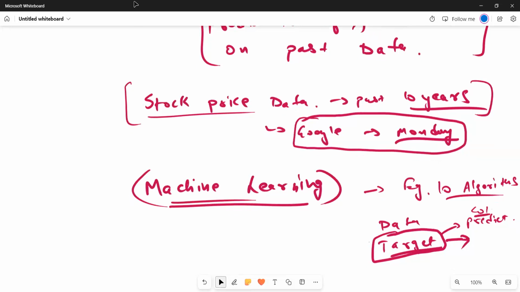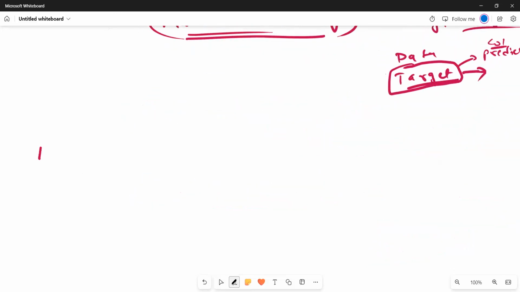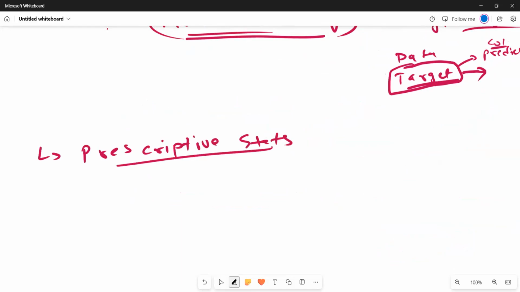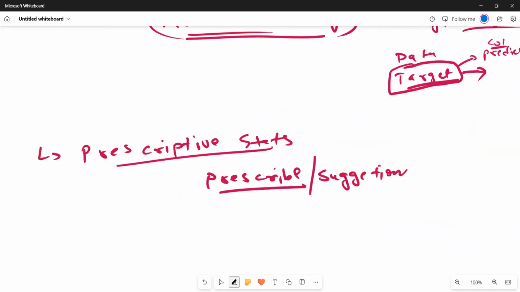Next, we have the fourth type of statistics, which is prescriptive statistics. In prescriptive statistics, we basically prescribe. Prescription is nothing but suggestions that you'll give purely based on the analysis of the data.